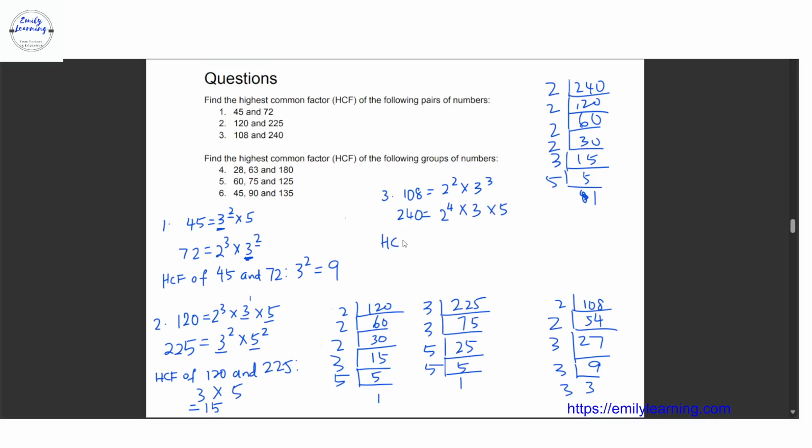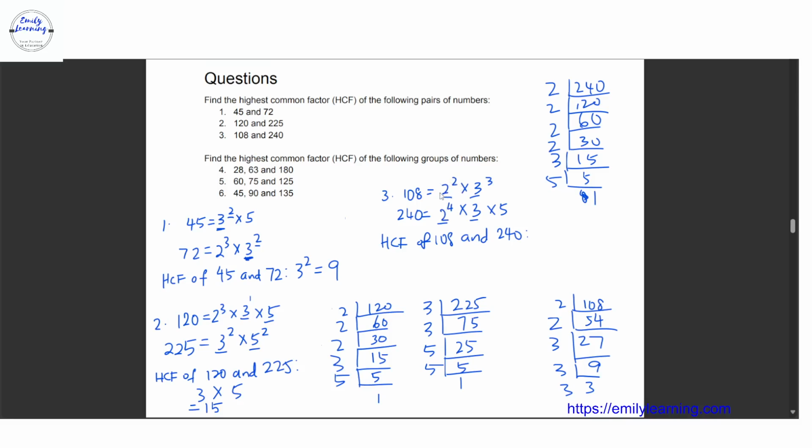To find the highest common factor of 108 and 240, I'll first look for the common base. I have 2 as a common base and 3 as a common base. 5 is only for 240. Next, for those with the same base, I need to take the one with the smaller index.